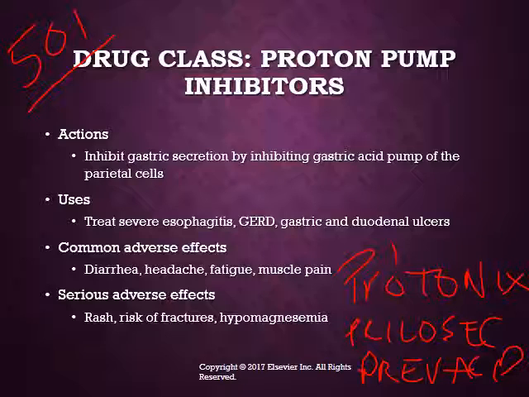I would study particularly Protonix, Prilosec, but all four of these, Nexium, Protonix, Prilosec, Prevacid, you probably will see in your practice, so there's four that you kind of want to get familiar with.